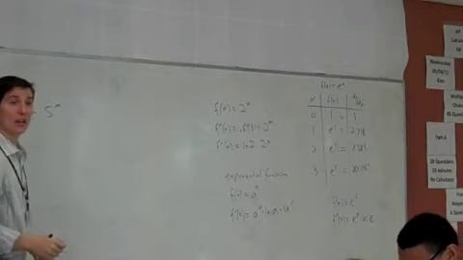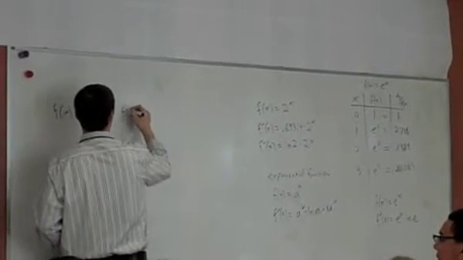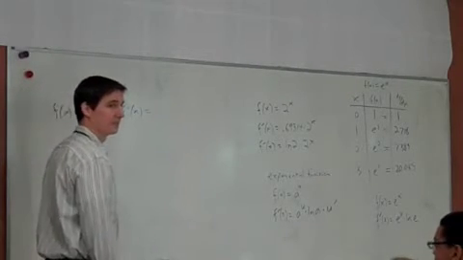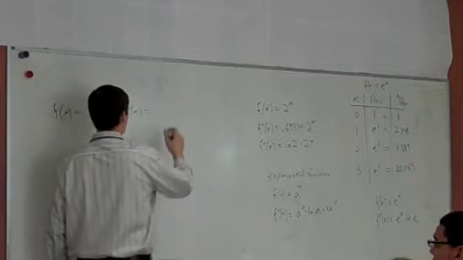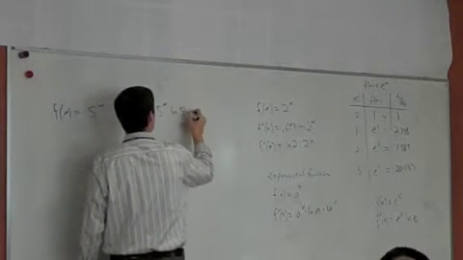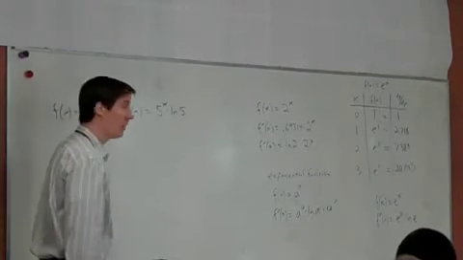What do you say? You say the derivative is 5 to the x, write it exactly how it is, times natural log of 5 times the derivative of x, which is 1. There's your derivative.